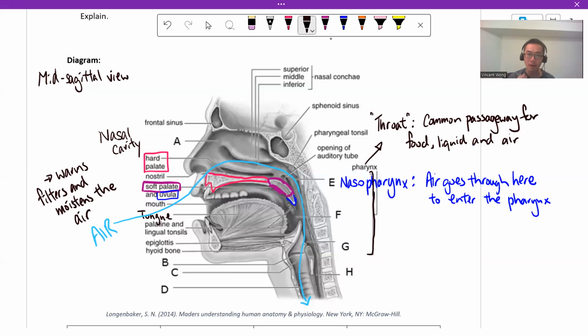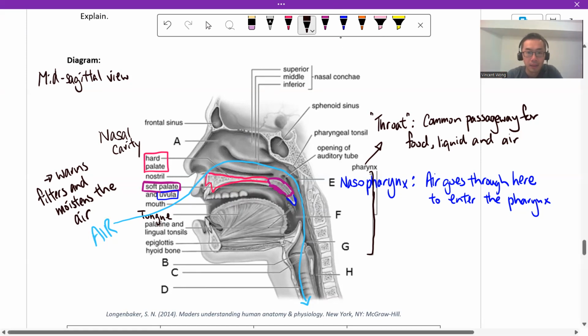Everything that we swallow, everything that we breathe is going to go through the throat, the pharynx. So I'm just going to stop for a moment, let you catch up.